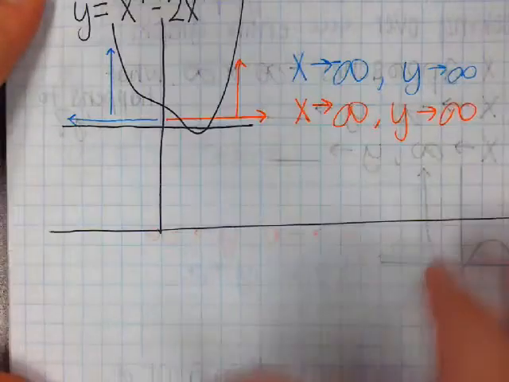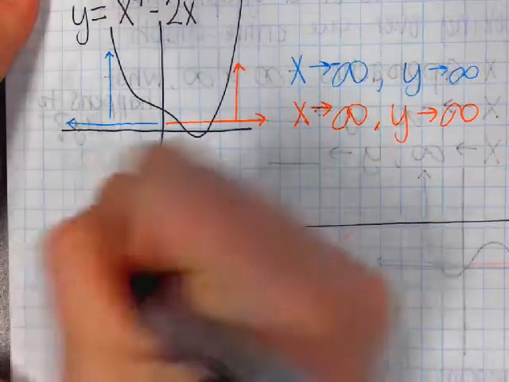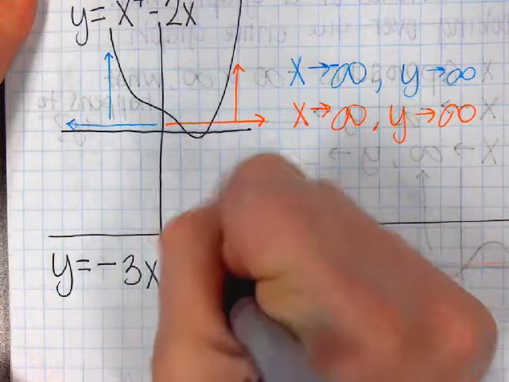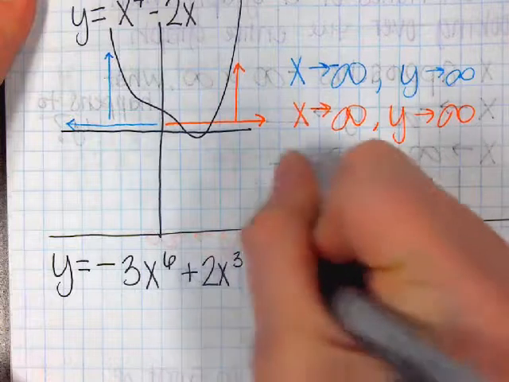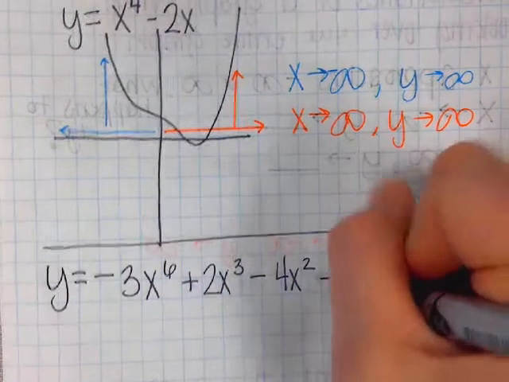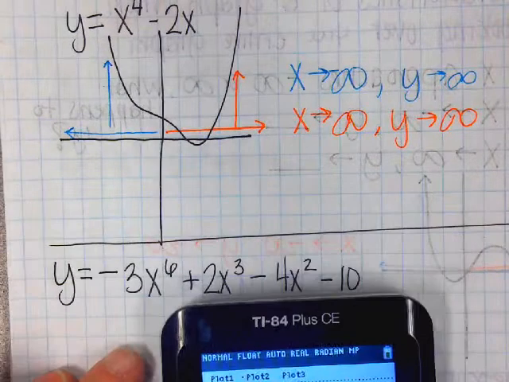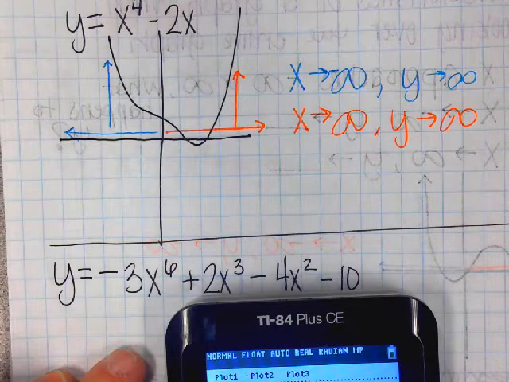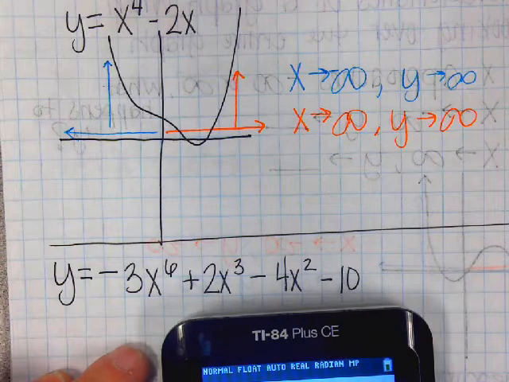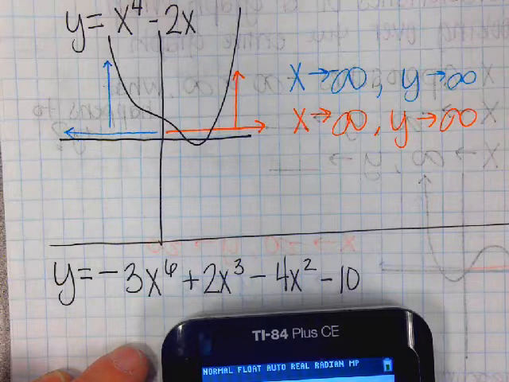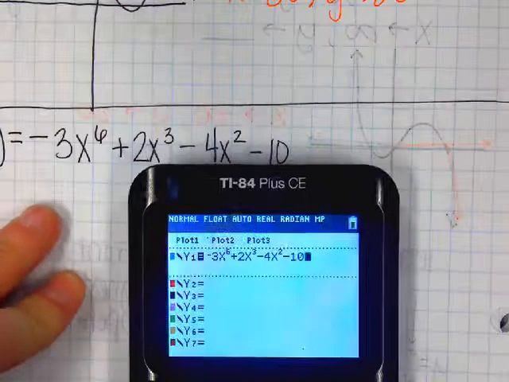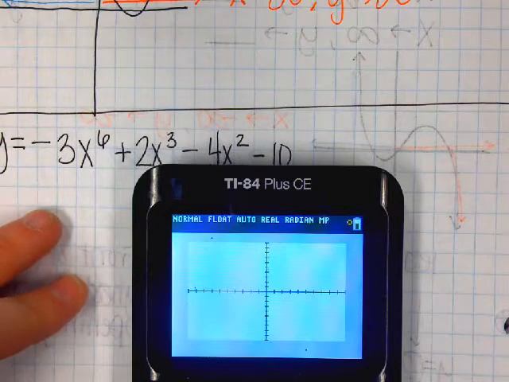Okay, now I want to do a negative leading coefficient for an even degree. So y equals negative 3x to the 6th plus 2x cubed minus 4x squared minus 10.